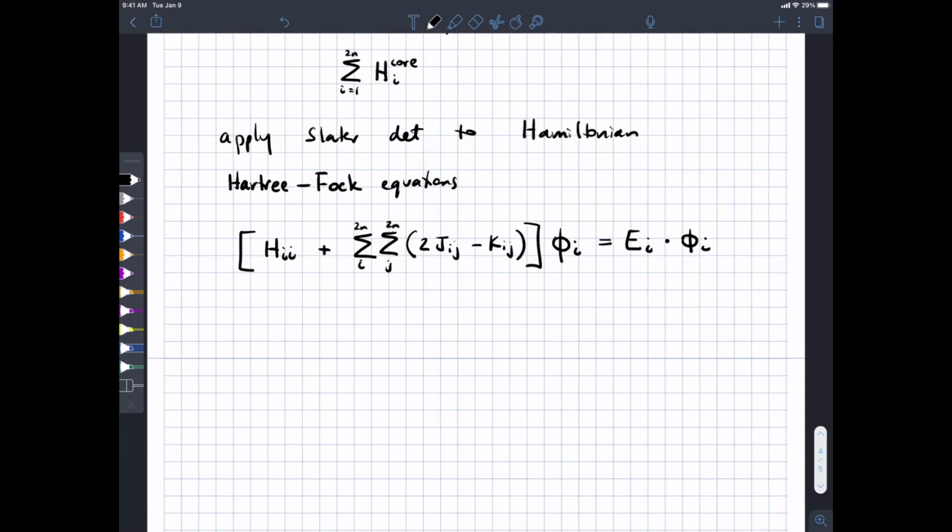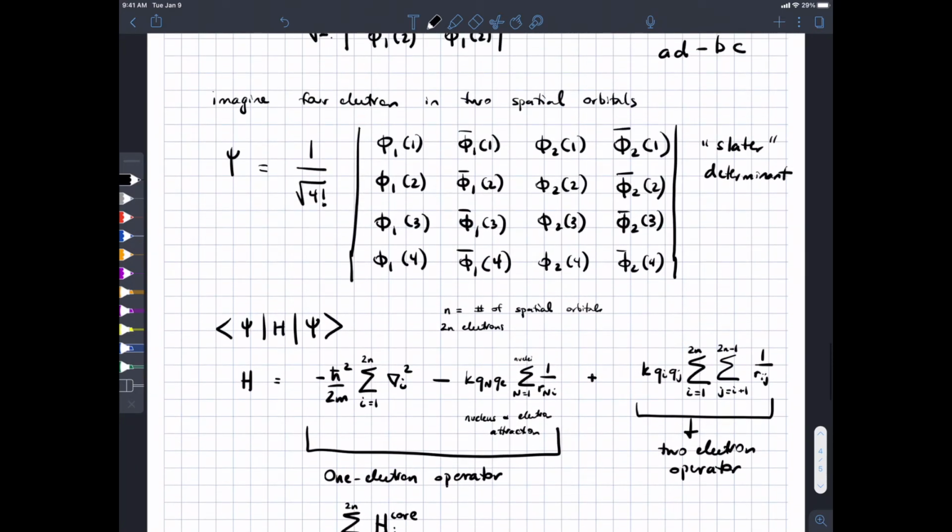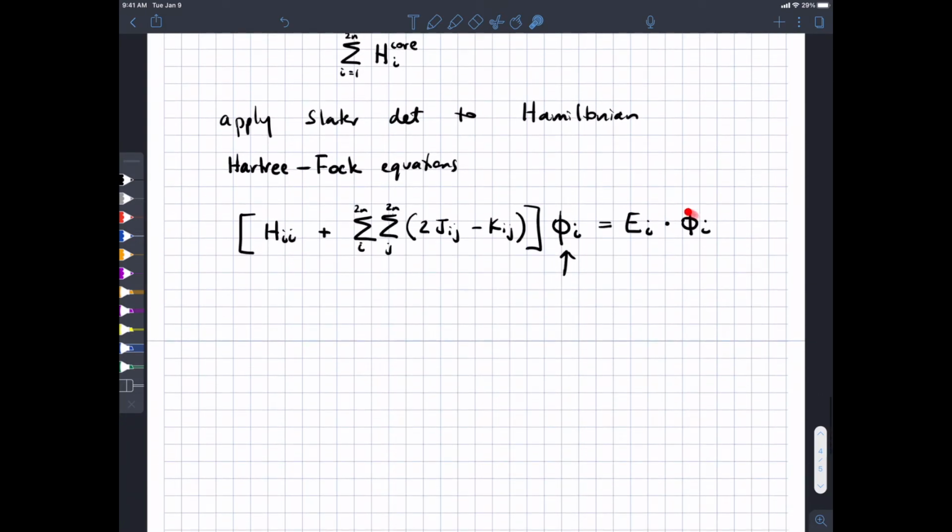Okay? The phi with the subscript I simply represents each one-electron wave function from the Slater determinant. Phi 1 or phi 1 bar, phi 2 or phi 2 bar. I haven't figured out a way to put the bar or not on top of that, so we just won't. We'll pretend.